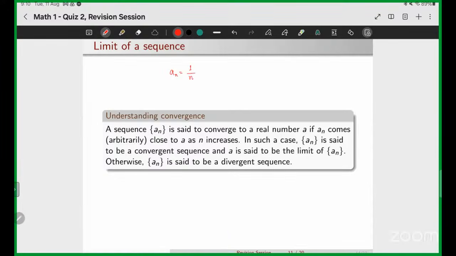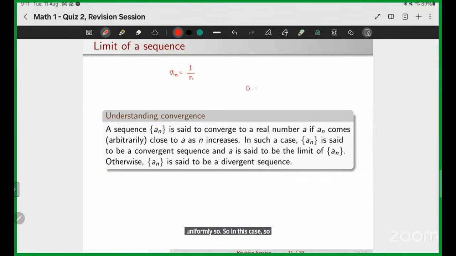As n increases, what happens to the value of a_n? It will be close to 0. You can make it as close to 0 as you want, right? It approaches 0, and uniformly so.